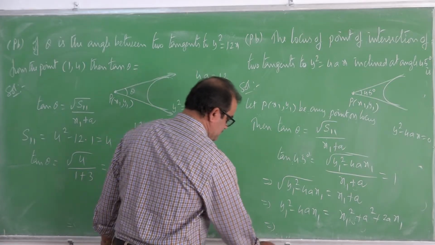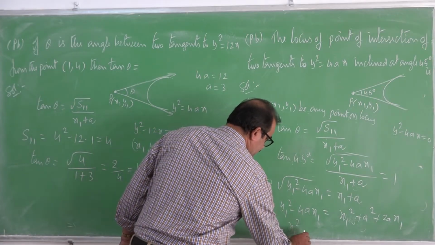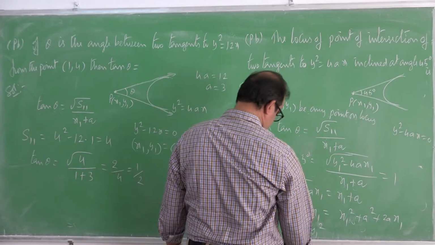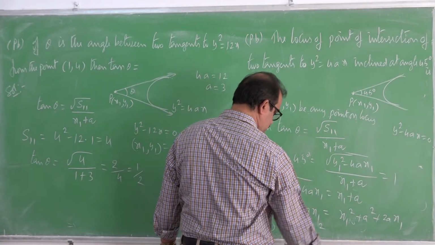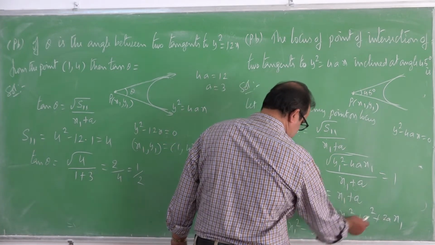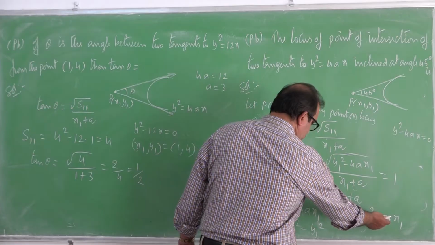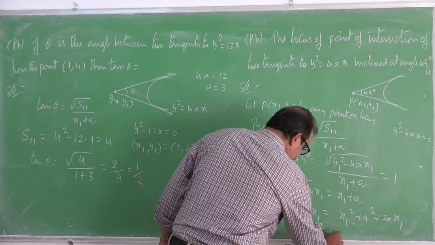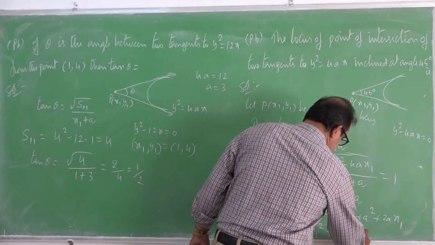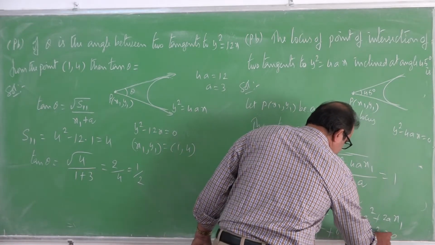Or write it as x1 square minus y1 square. Take these two terms to the right hand side. Minus 4a x1, this becomes plus 4a x1. 4 plus 2 is 6a x1, plus a square is equal to 0.